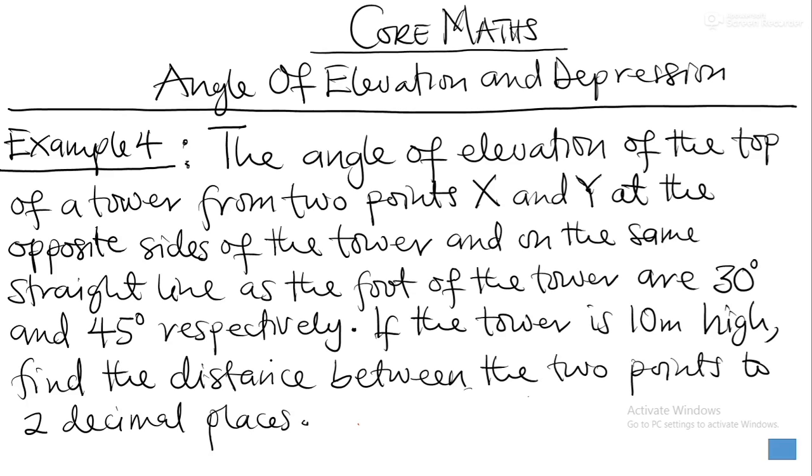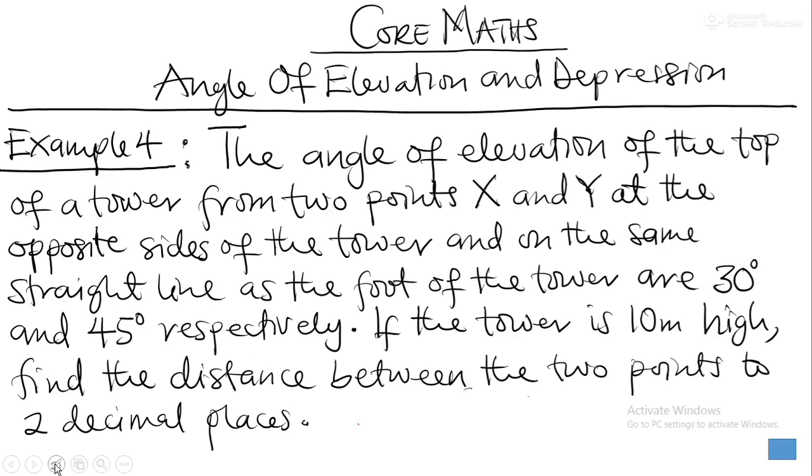If the tower is 10 meters high, find the distance between the 2 points to 2 decimal places. So we have read the question, we have understood. The next thing is for us to what? To draw a diagram using what? Lines. But to draw the diagram, we have to use the definition of angle of elevation to identify our point of observation and the object.